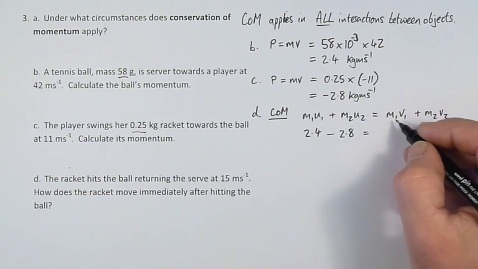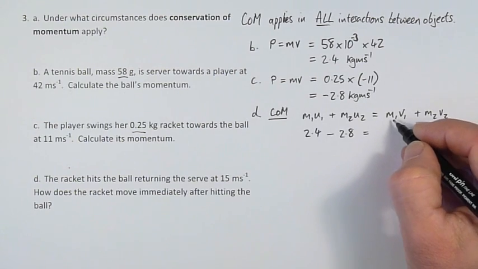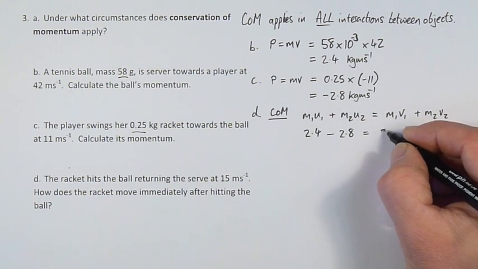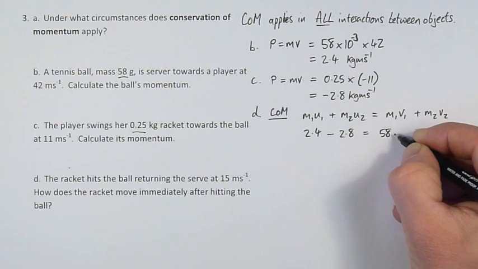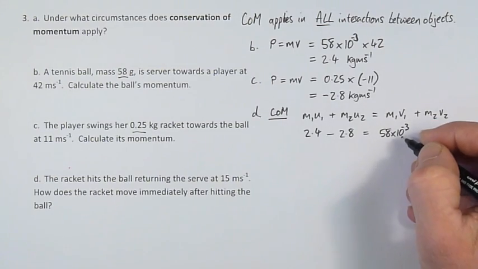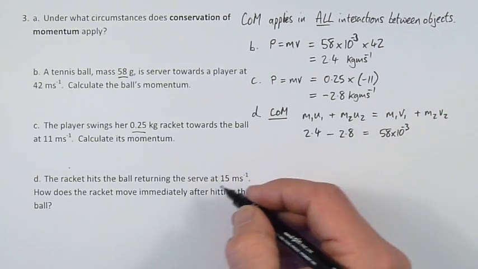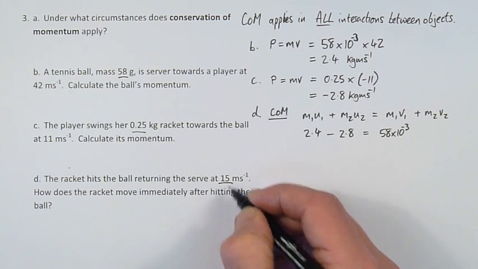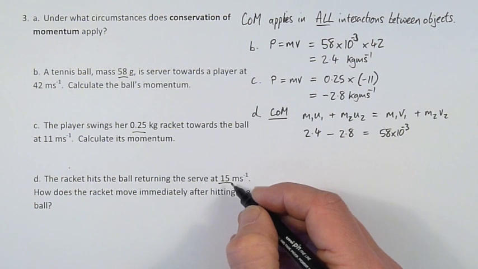That equals m1v1. That's the final momentum of the ball. We know the mass of the ball. We used that before as 58 times 10 to the minus 3. And the final velocity of the ball is given here as 15 meters per second.